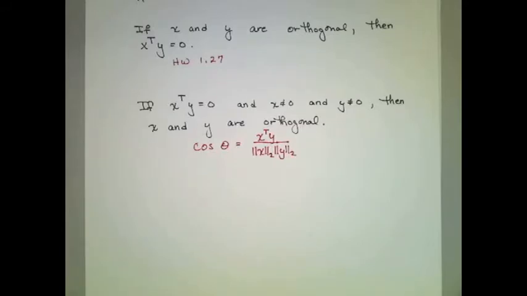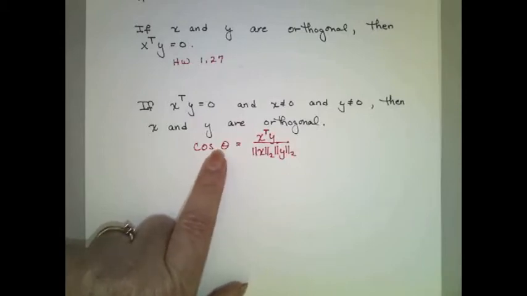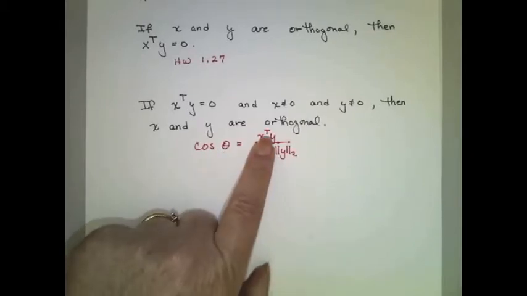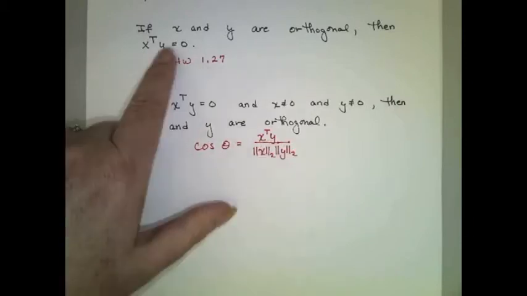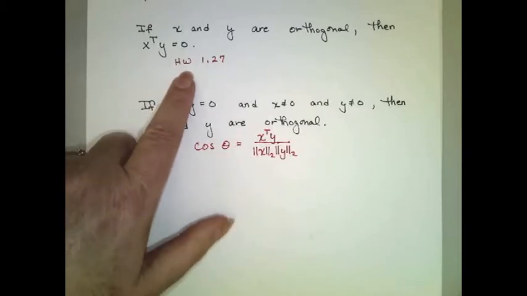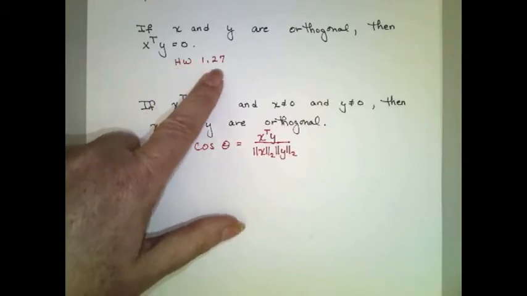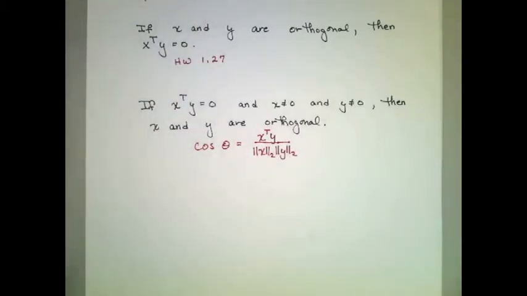Well, notice if they were orthogonal, then what we would have here is a 90-degree angle, which means that the cosine of 90 degrees is 0, which means that x transpose y is equal to 0. So clearly there was another way that we could have proven our homework 1.27 if we had already done 1.28. It's like a corollary for the last homework that we did.